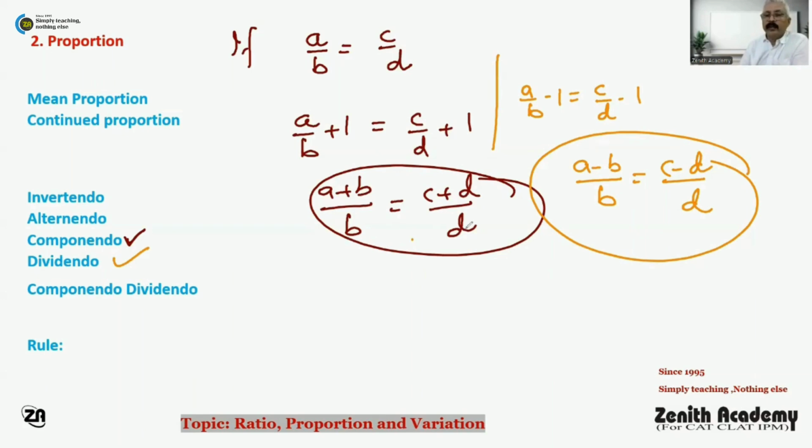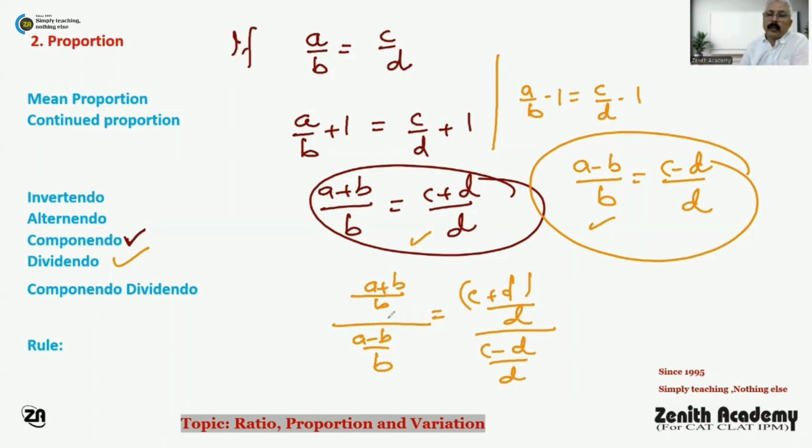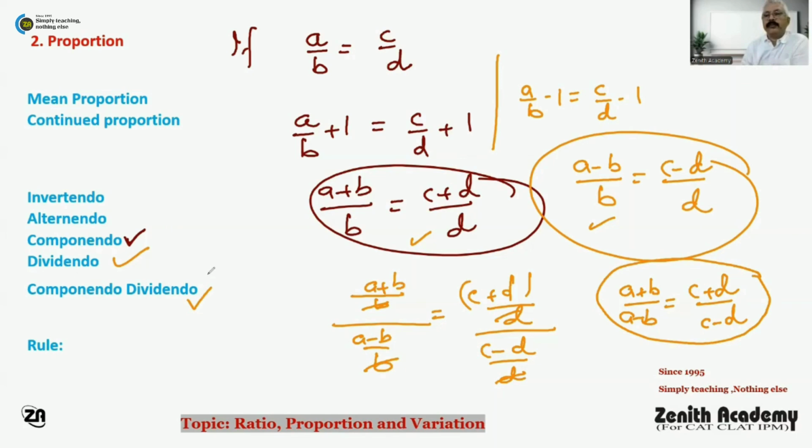And if I divide A plus B by B with A minus B by B, and C plus D by D with C minus D by D, then the denominators will cancel. So A plus B upon A minus B is equal to C plus D upon C minus D. It is componendo and dividendo.